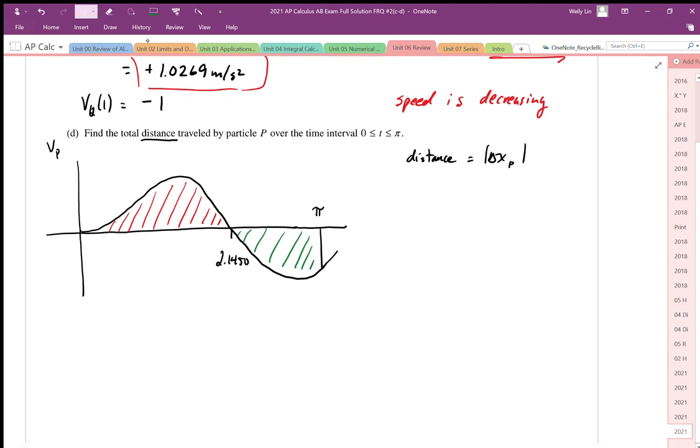So when we calculate that red area here, this would be the displacement, the change in x of p, which is going to be equal to the integral from 0 to 2.1450 of our v of p function.